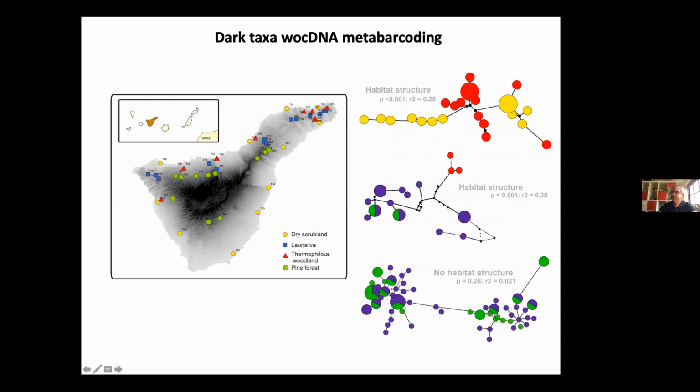And this haplotype variation that we're able to recover enables us to identify those species that are actually structured by habitat. So whether that's incipient ongoing speciation or true speciation to biological species, we don't know, but we know that habitat is driving divergence within the species. And this is another clear example of that here, which is in 3 habitats, and variation is clearly structured by those 3 habitats.